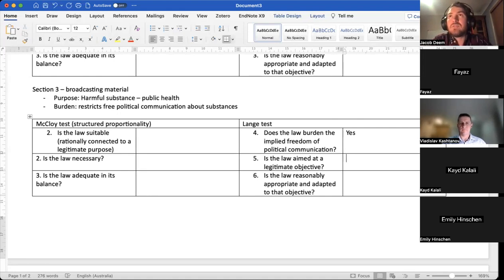Is that objective legitimate in the sense that it's necessary or important or useful for a thriving and healthy democracy?